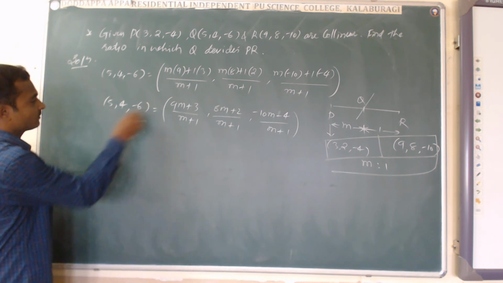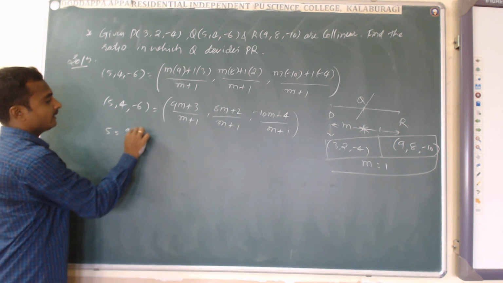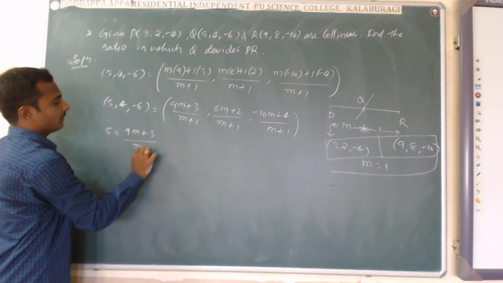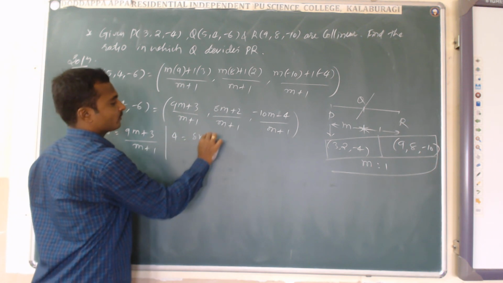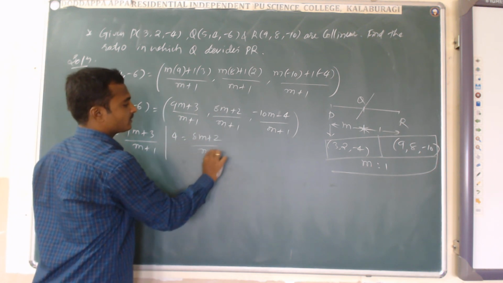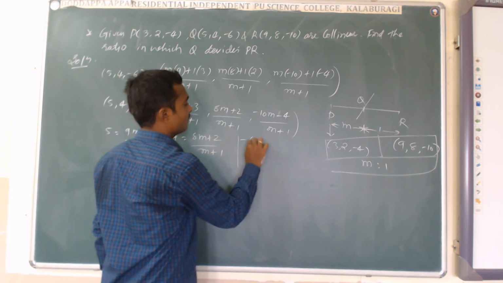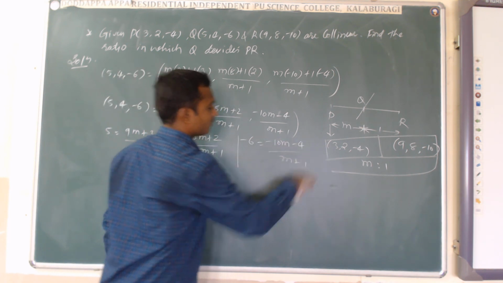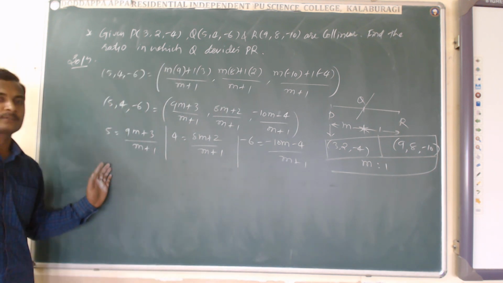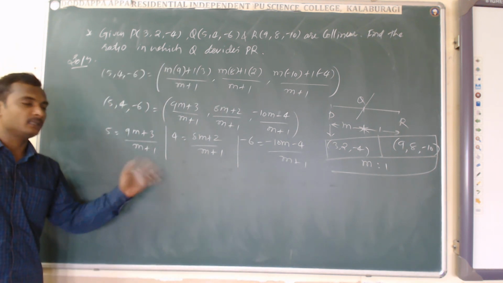Let us choose the first one. So 5 equals (9m plus 3) by (m plus 1). Some students can go for 4 equals (8m plus 2) by (m plus 1), or minus 6 equals (minus 10m minus 4) by (m plus 1). The solution of all three will be the same, so no need to solve all three.